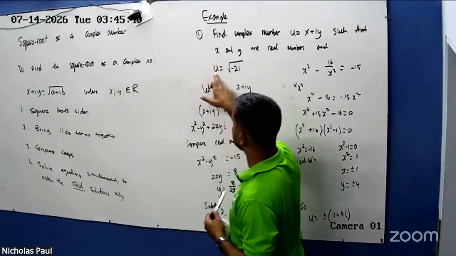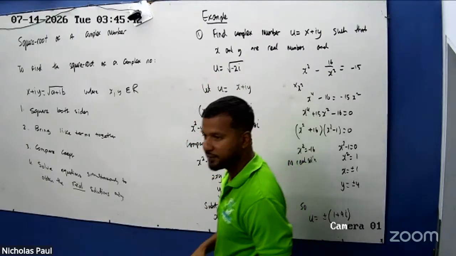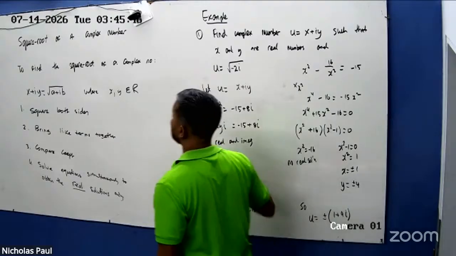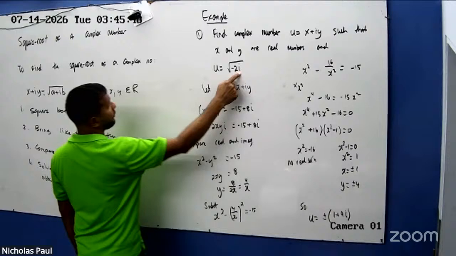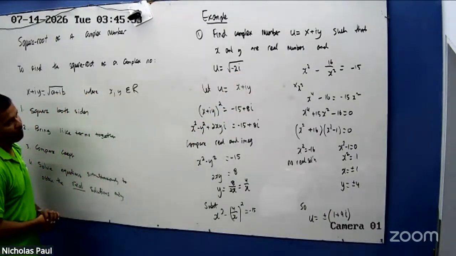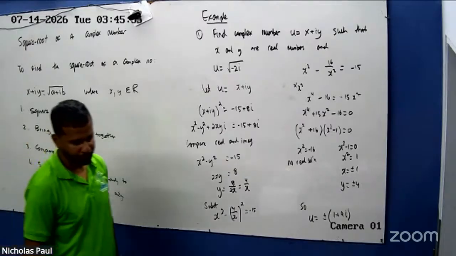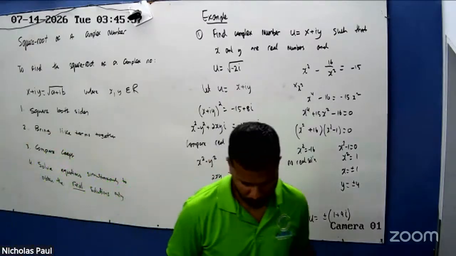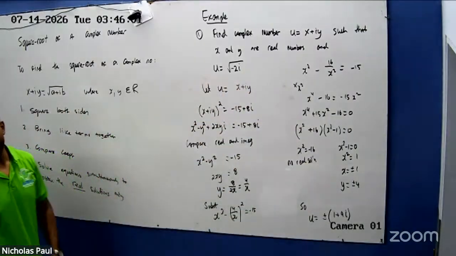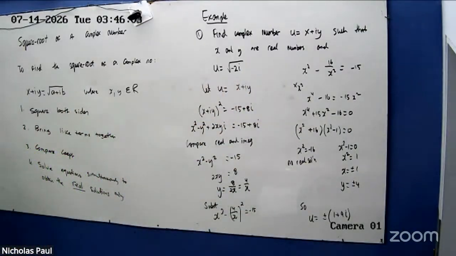Try this: the square root of minus 2i. Same steps. This is number 2. u is the square root of minus 2i. Take your time, follow the steps, square both sides.